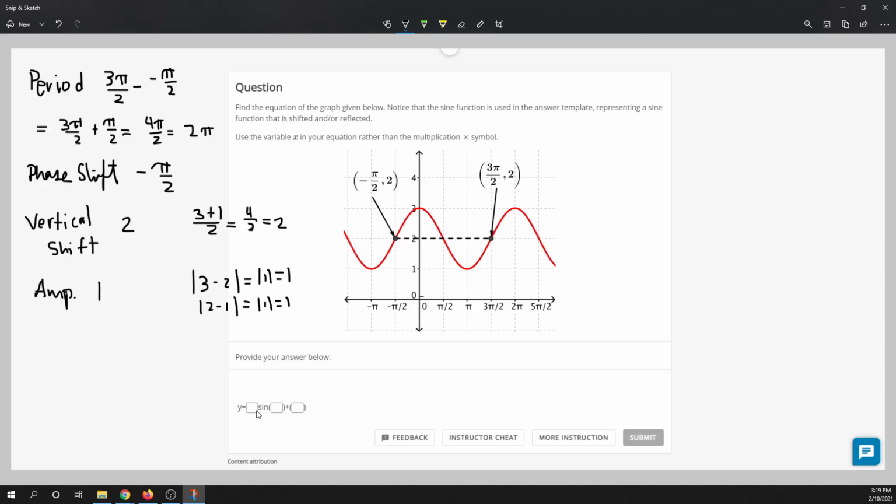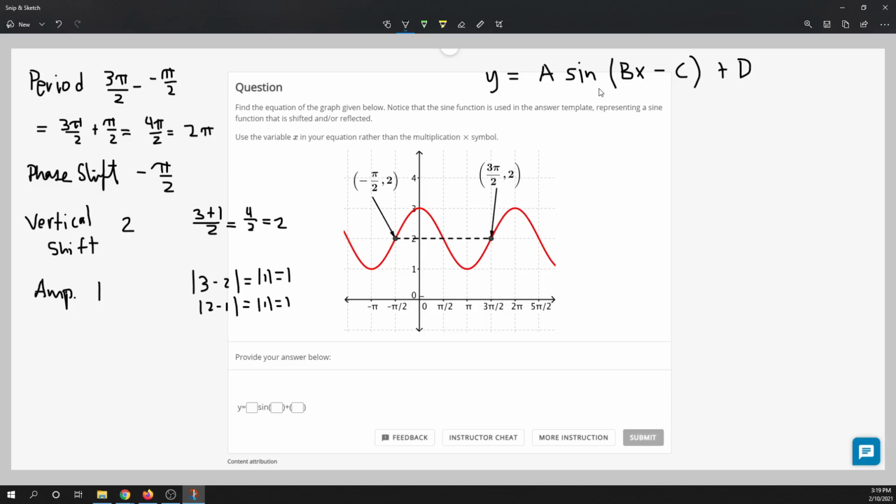But in the answer blanks, you've got to be careful about this. It's not exactly these things that they're asking for. Remember, our format for these is going to be y equals a times sine of bx minus c, plus d.